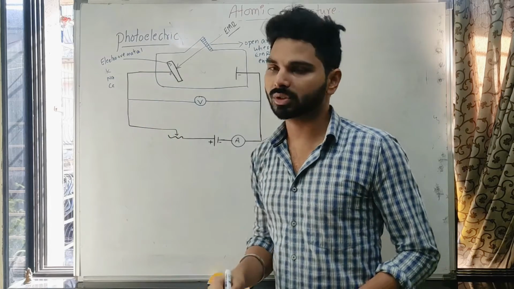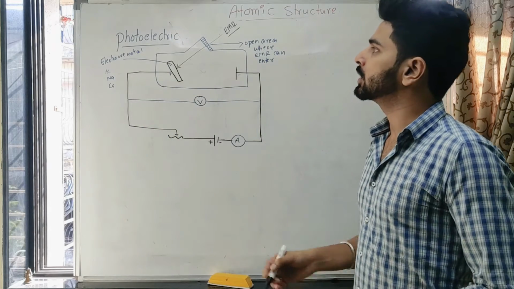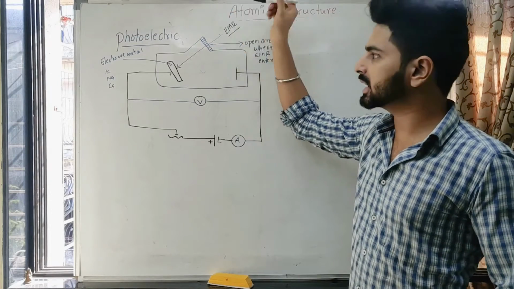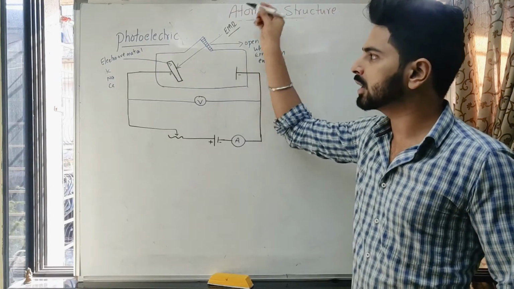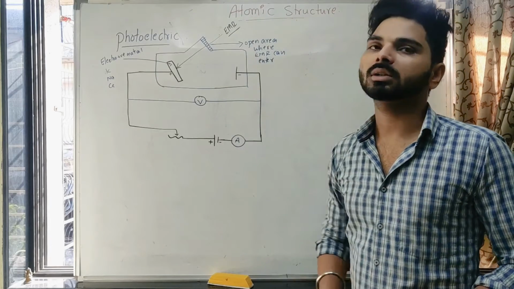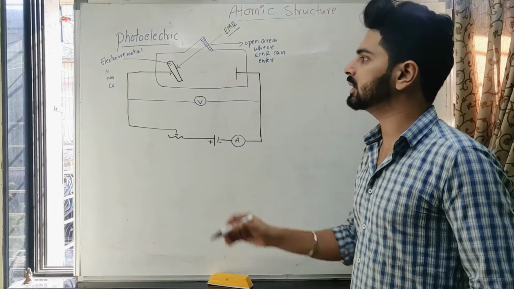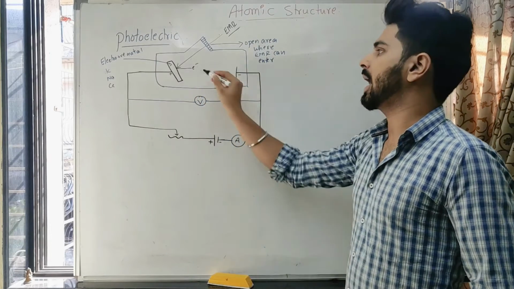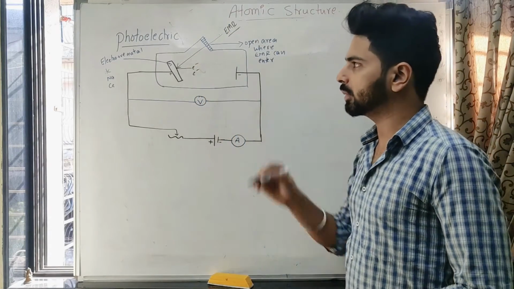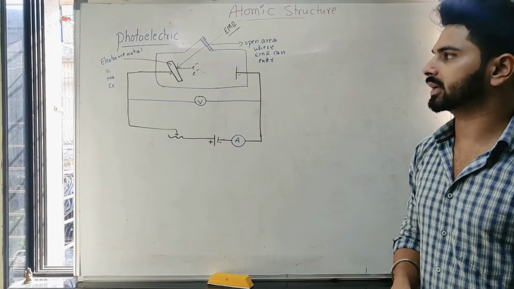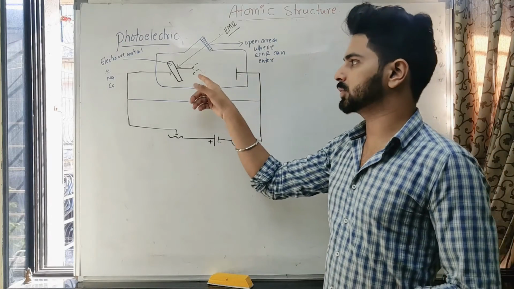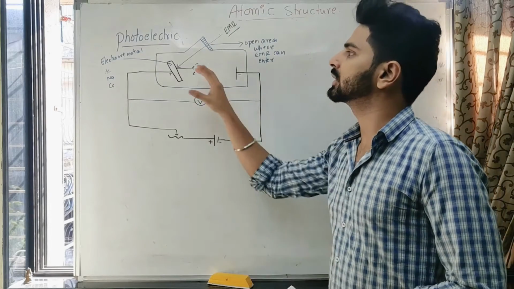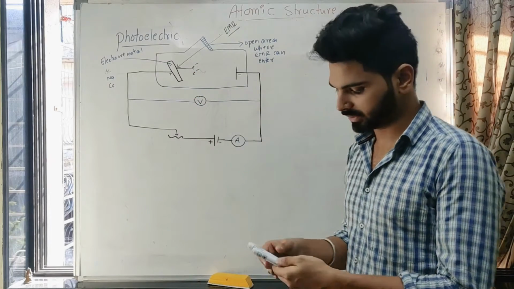That's why we use electropositive metal there. So when electromagnetic radiation energetic enough to eject the electron falls on the surface of the electropositive metal, electrons will be ejected out, and this phenomenon is called the photoelectric effect. These electrons ejected due to the electromagnetic radiation are called photoelectrons.